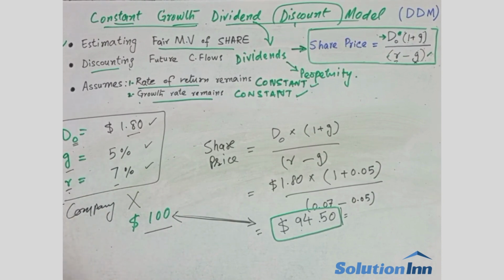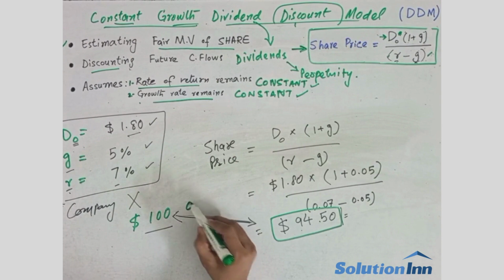So according to the shareholder, the share of company X is overvalued.